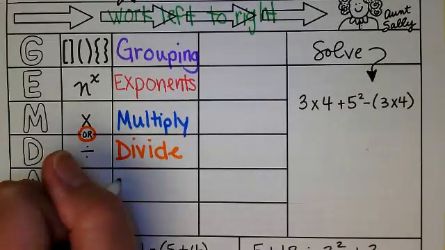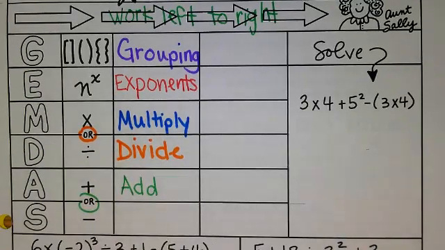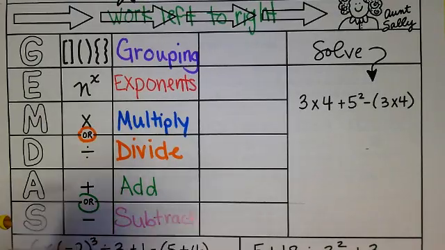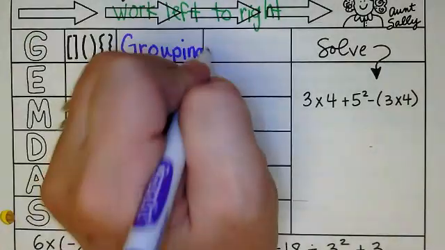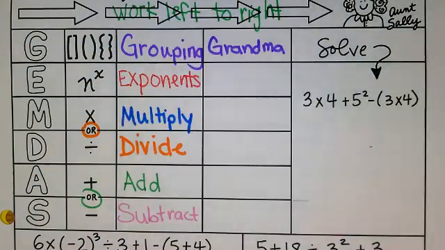Adding or subtracting. I don't know if you're going to be able to see this, but here's pink. With that being said, there's a silly little saying. Instead of please excuse my dear Aunt Sally, it says grandma, that way you know that there's a grouping instead of just parentheses.